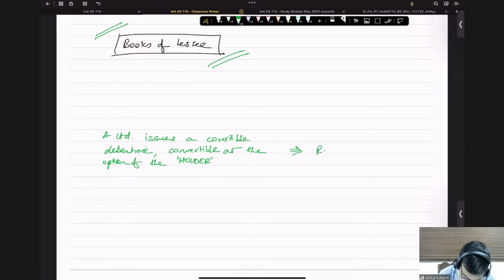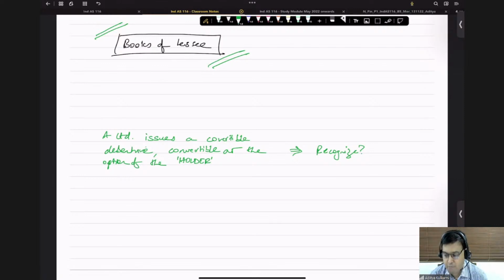How are you going to recognize this? Will you recognize it is a compound financial instrument? No doubt. But now the question is, will you recognize the outflows relating to interest as liability and the principal also as a liability? Or will you recognize principal as equity and interest as a liability? Or will you recognize everything as equity?